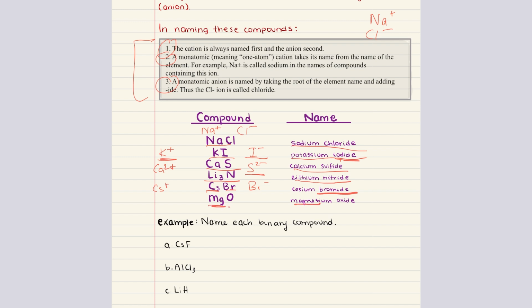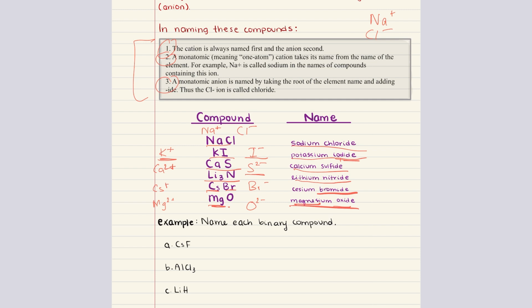This is magnesium oxide. Magnesium loses 2 electrons to form a 2+ cation, and oxygen gains those 2 electrons to form a 2- anion. We don't say oxygen, however, we want to replace the ending for the anion with -ide. Hence, the name of this ionic compound is magnesium oxide.